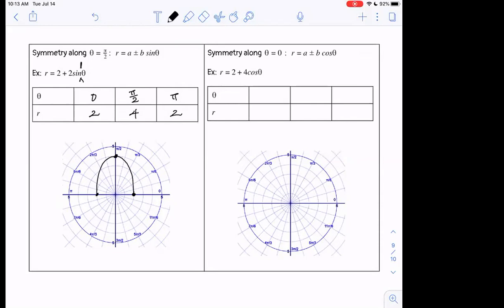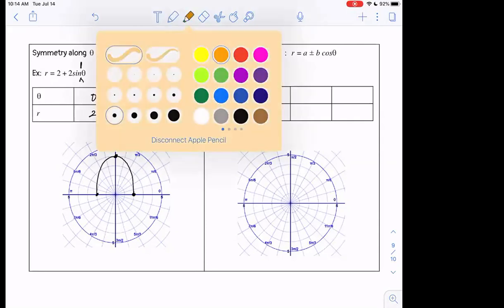Now, in this case, which one of those situations from the previous page are we going to have? Are we going to have a convex limaçon, a dimpled limaçon, a cardioid, an inner loop, or a circle? Cardioid? Yeah, we're going to get a cardioid. How did you know that? Your A over B is equal to 1.